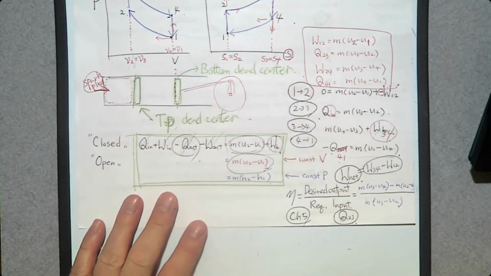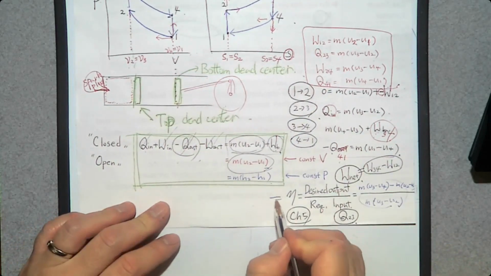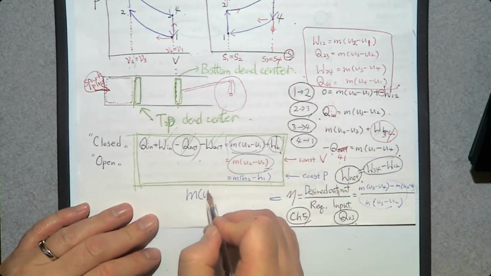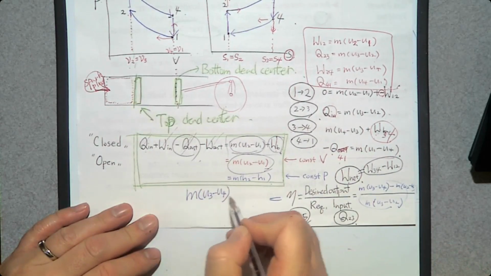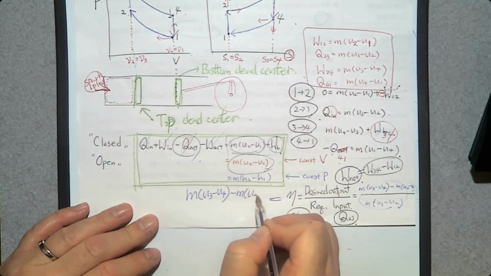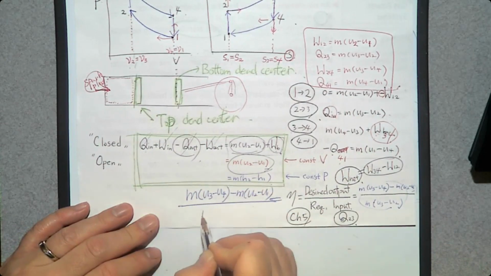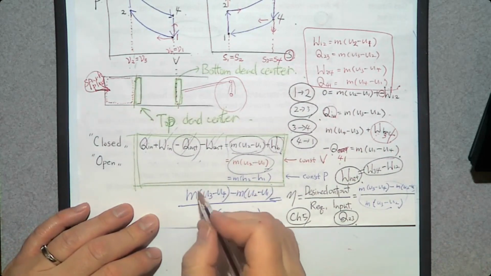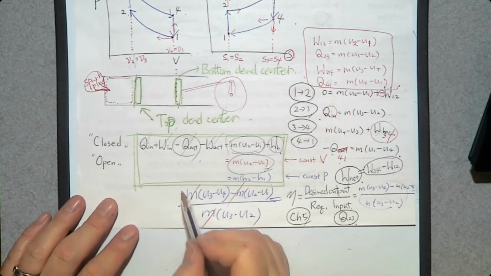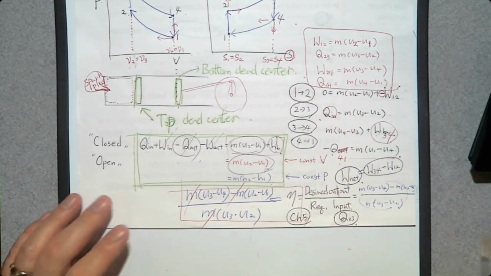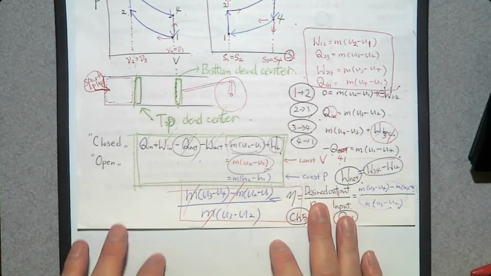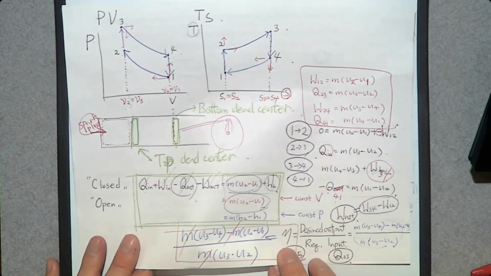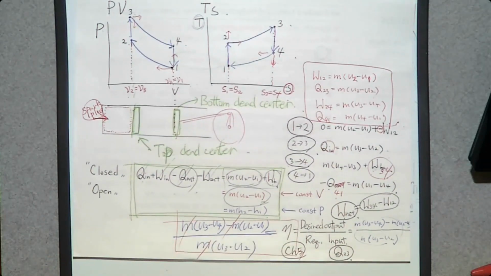Let me write it here: m(U3 minus U4) minus m(U2 minus U1) over m(U3 minus U2), and you can cancel m out. So that's how you determine the thermal efficiency. This is how you analyze the Otto cycle thermodynamically using the air standard model.